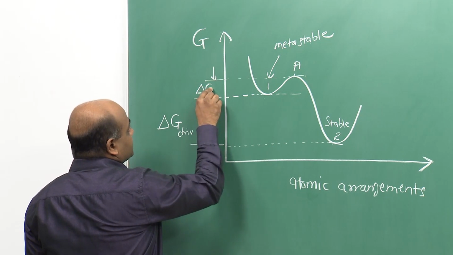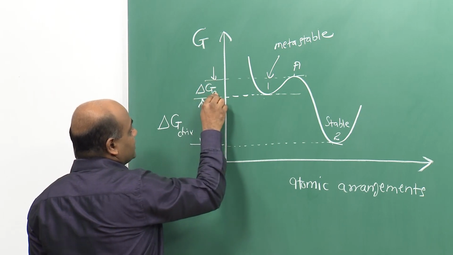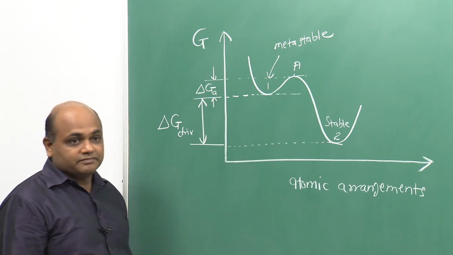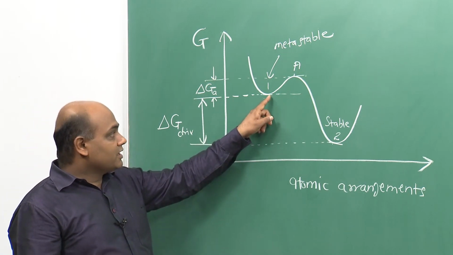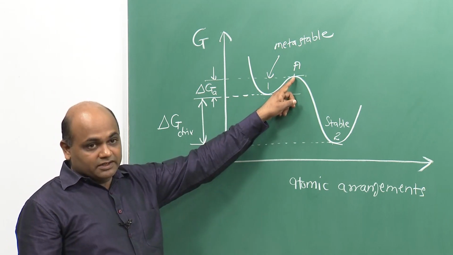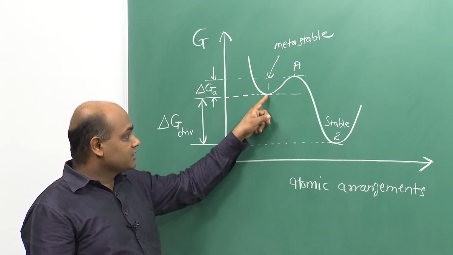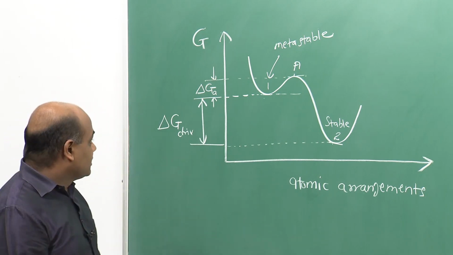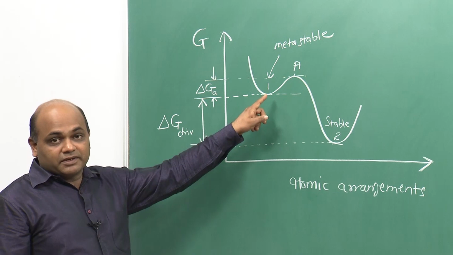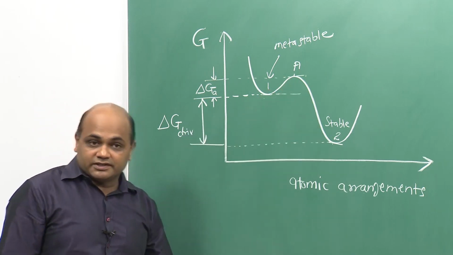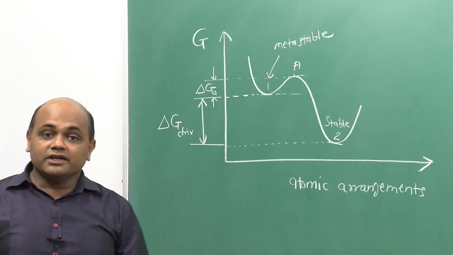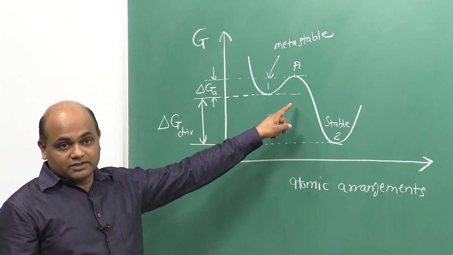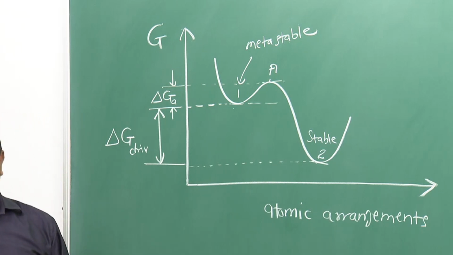So, the difference between state A and state 1 is basically the activation energy for transformation. Until and unless the system gains this activation energy, it will not be able to move from state 1 to state 2, and the speed of the process depends upon this activation energy, and this is now in the realm of kinetics, to determine the rate of the process.